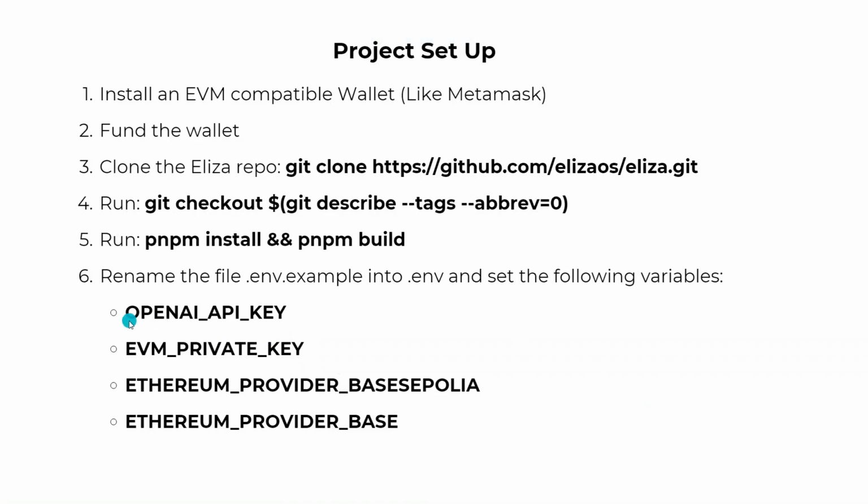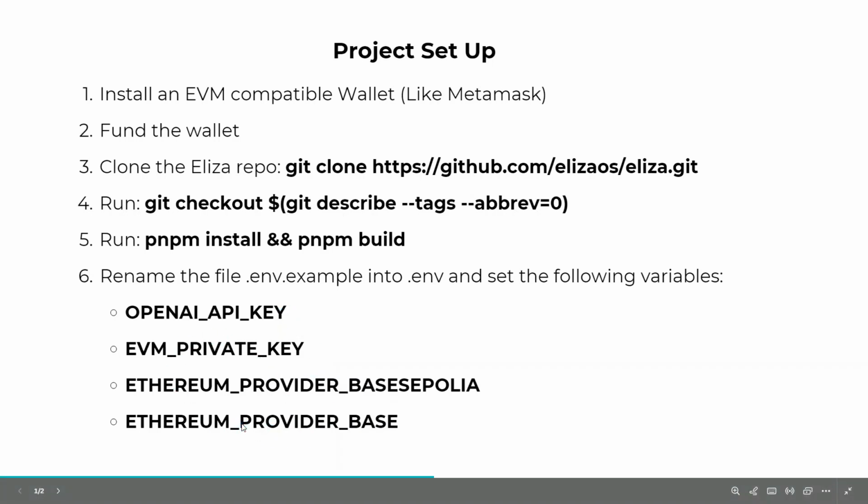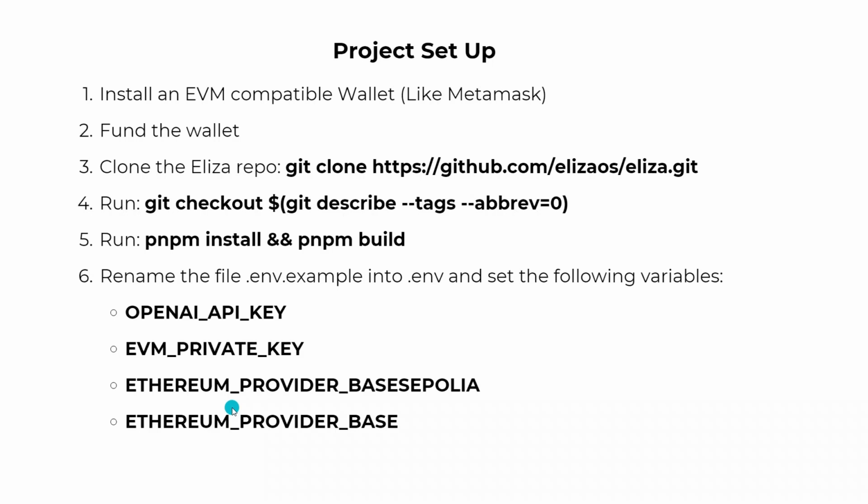The next thing to do is to set these environment variables, which are the OpenAI API key, and also these other three environment variables. This one is, of course, for the private key of our wallet, in this case our MetaMask wallet. And also these other two, we could use both or either one of them.